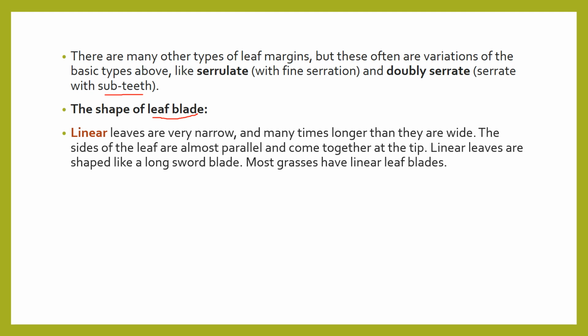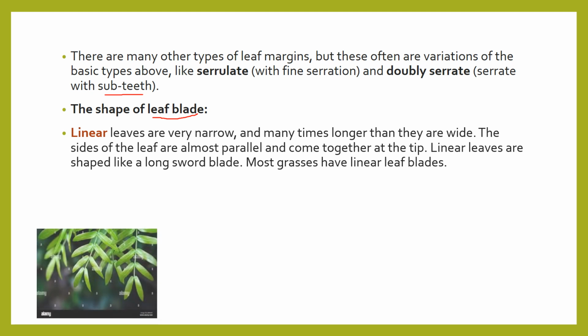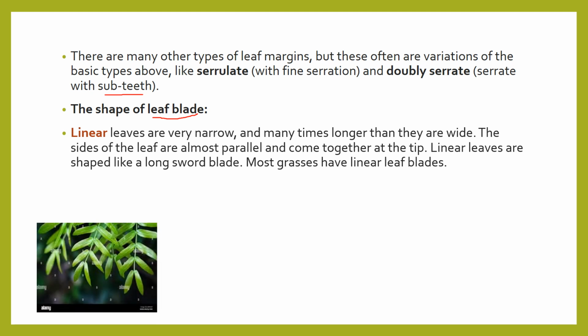Most grasses have linear leaf blades. It's familiar to you, I think, because most grasses have this shape of blade. It's called linear. We are talking now about the blade.